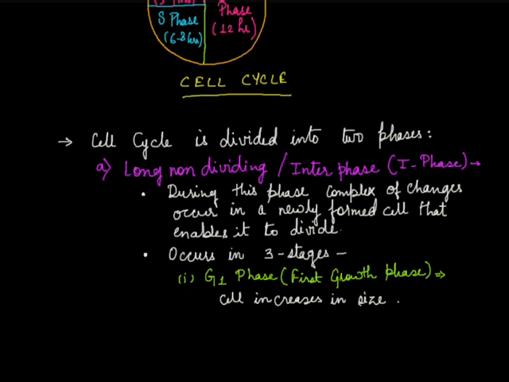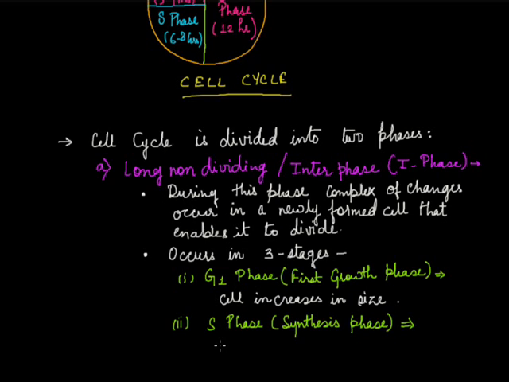Now, the second phase, that is also known as the S phase. S stands for synthetic or synthesis. As the name implies, during the synthesis phase, the DNA content of the cell doubles.